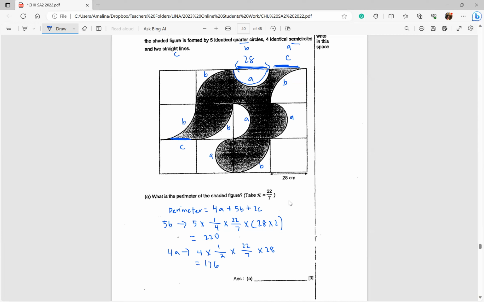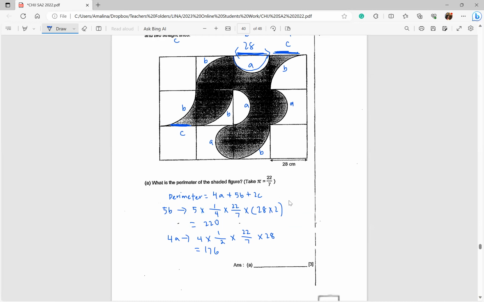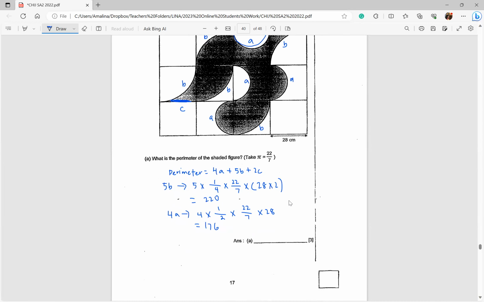I have my quarter circles and my semicircles, and I will add on 2 straight lines. These 2 straight lines are 28 times 2. So I take my 220 plus my 176 plus my 28 times 2. I get my answer 452 cm. That's the answer for part A.